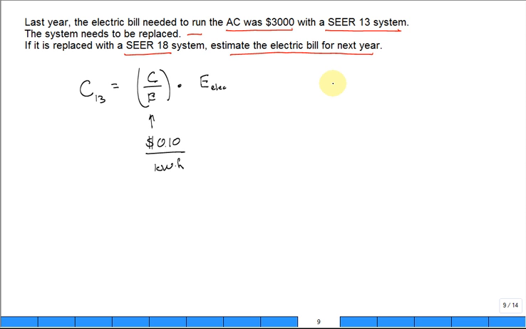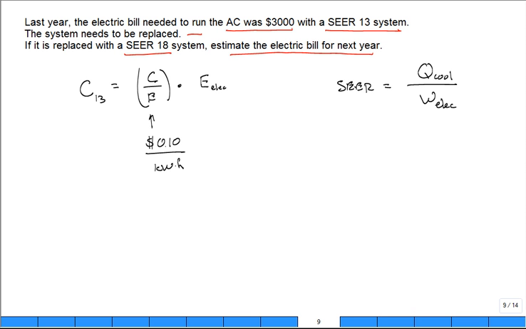Well, what is our SEER? What was the definition of it again? It was how much cooling we achieved per the work or amount of electricity used, right? Is that our seasonal energy efficiency ratio? Right?